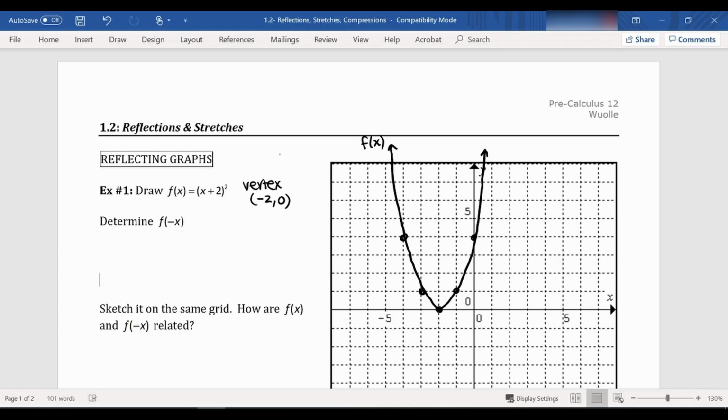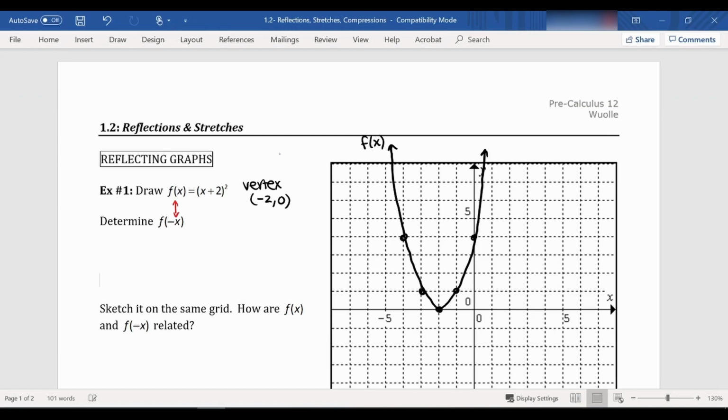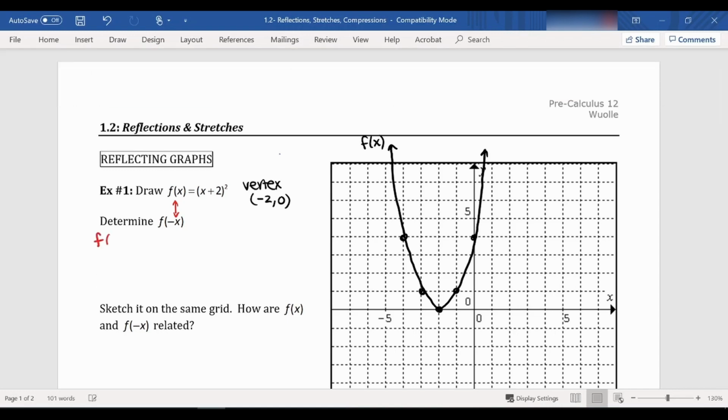We want to determine f of -x. Okay? This means anywhere I had an x inside my function, I need to replace it with a negative x. So my new function is going to be f of -x equals (-x plus 2) squared. So x is mapping to -x.